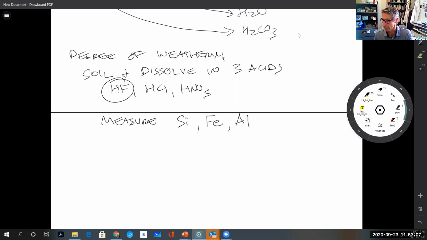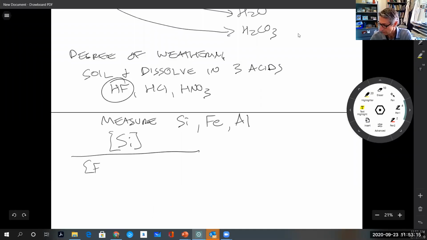Okay, and we look at those as a ratio. So we look at those in terms of the silicon concentration divided by the iron concentration plus aluminum concentration. Okay, and this gives us an idea of the extent to which weathering has occurred in that soil.